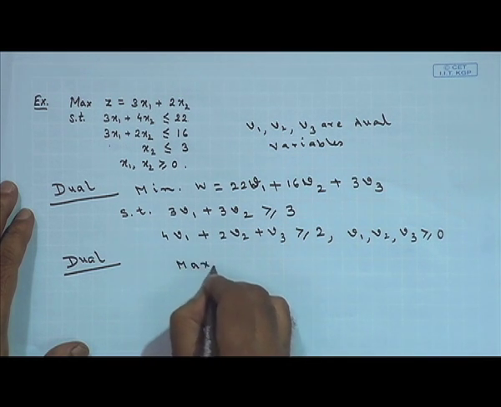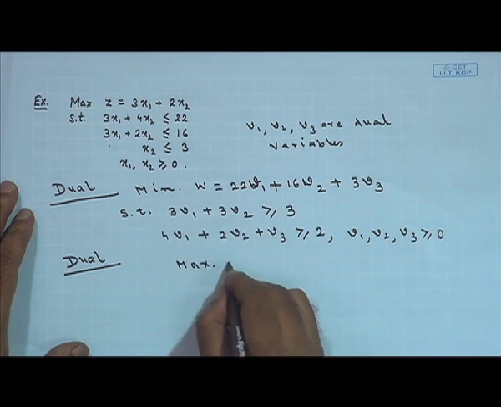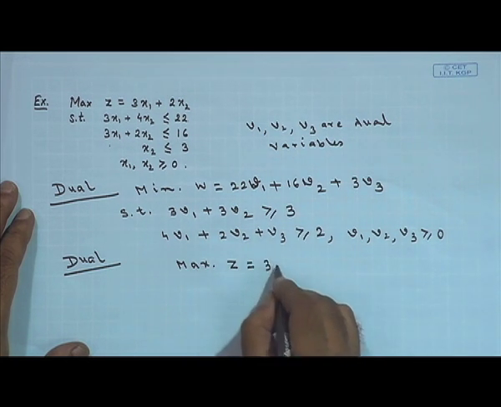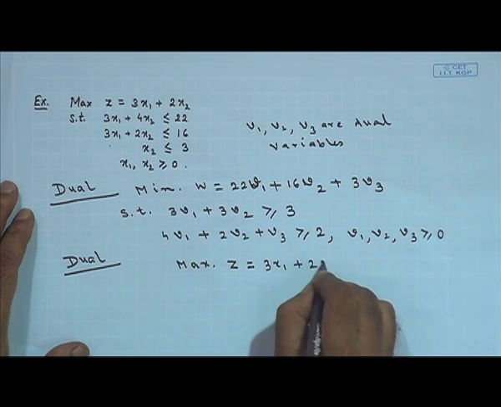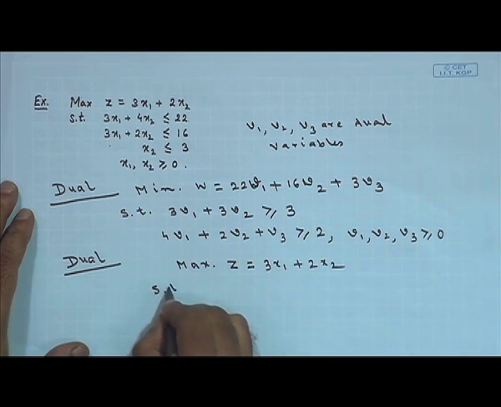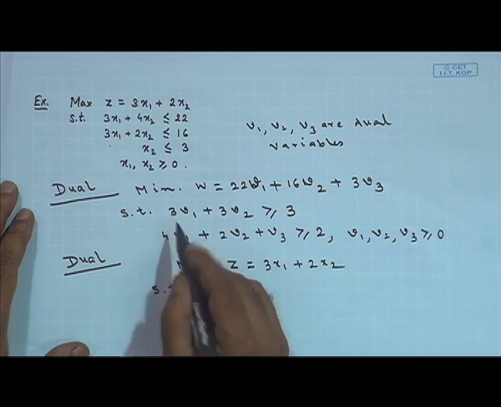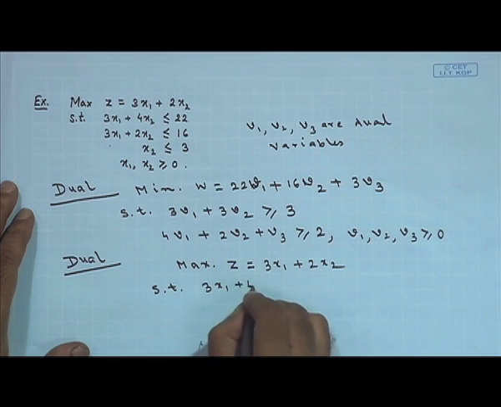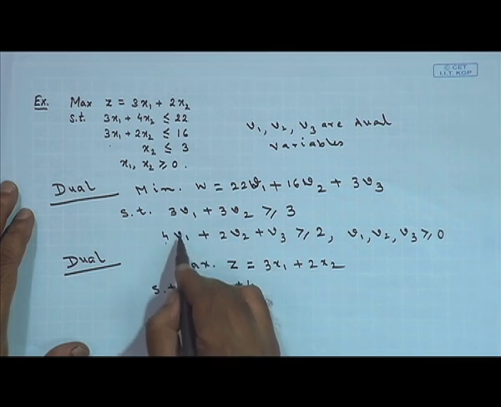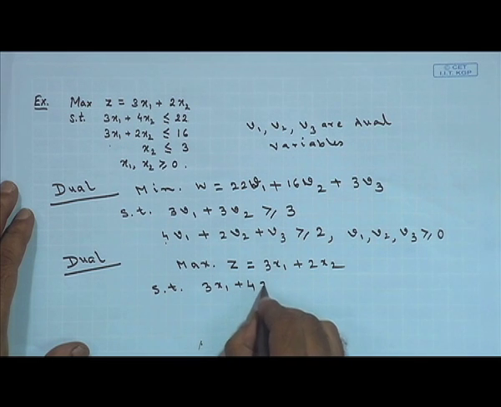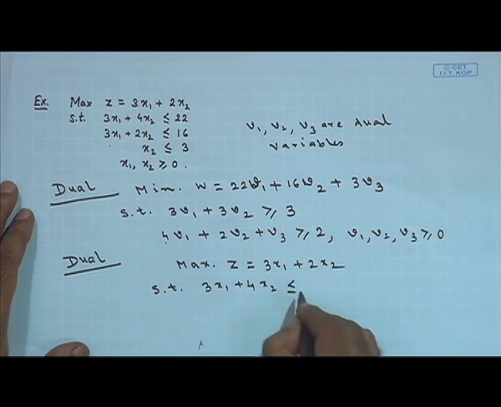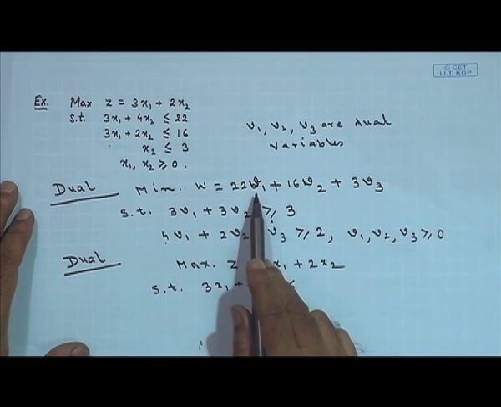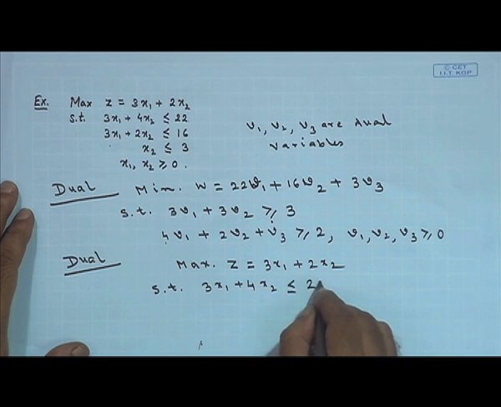Since it was minimization, it will now be maximization: maximize z equals 3 x1, coming from here, plus 2 x2, subject to 3 x1 plus 4 x2, taking the V1 coefficients, less than equals 22, because it was greater than equals, the coefficient of V1 in the objective function.